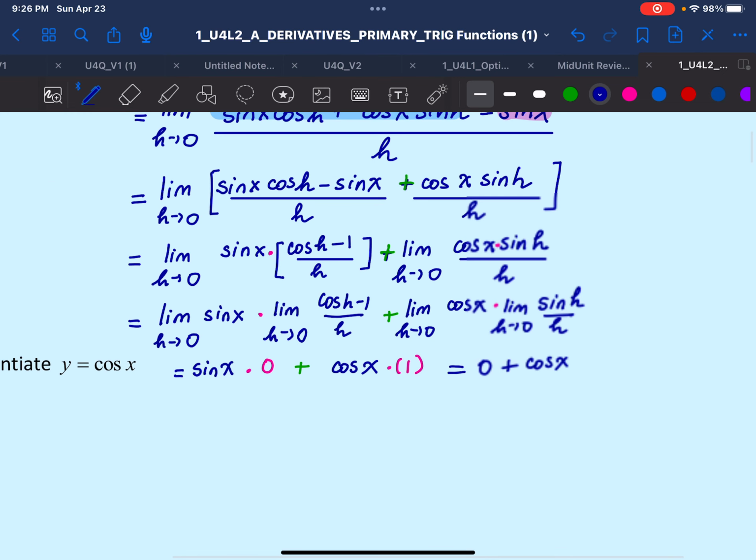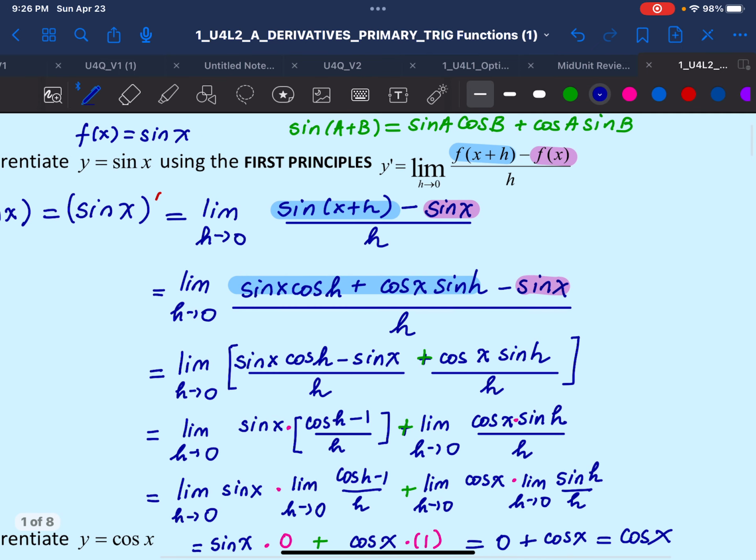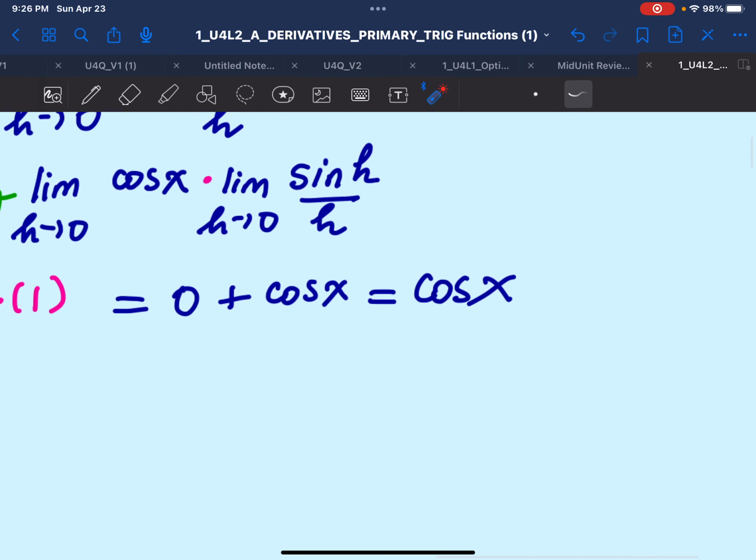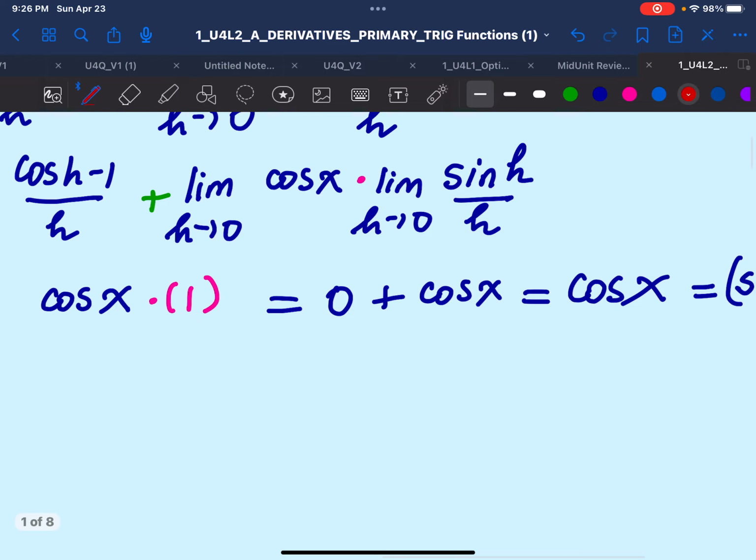That would be the value of the limit as h approaches 0 of sine x plus h minus sine x over h, which represents the derivative of sine x. So we'll say that cosine x is the derivative of sine x. And with this, we have proved the derivative.